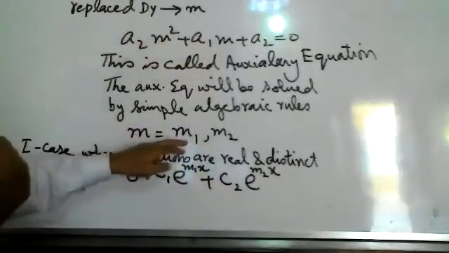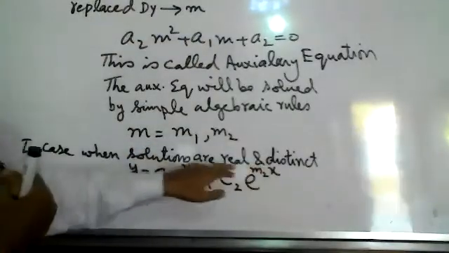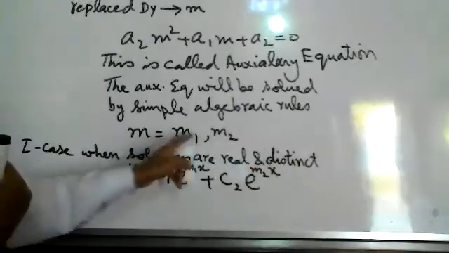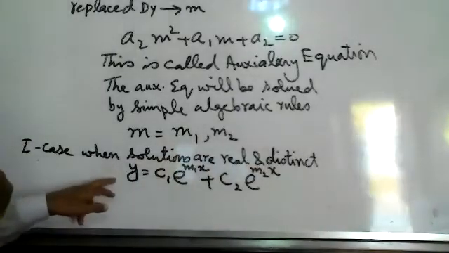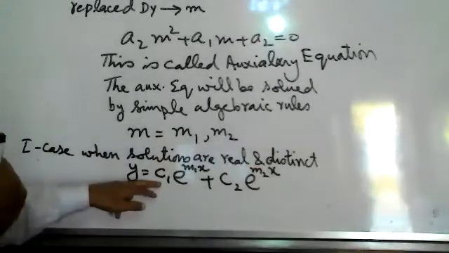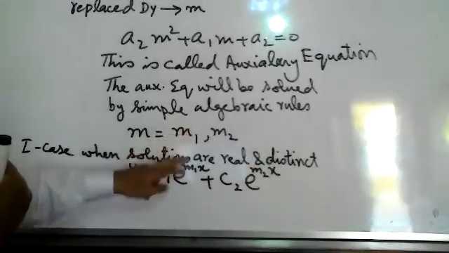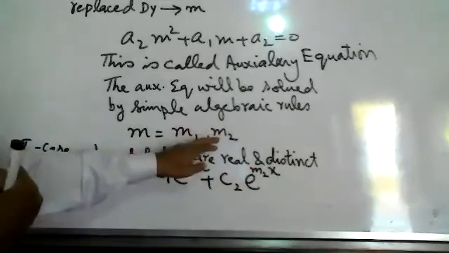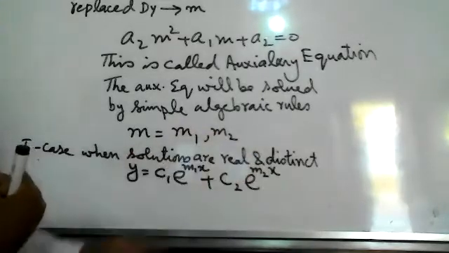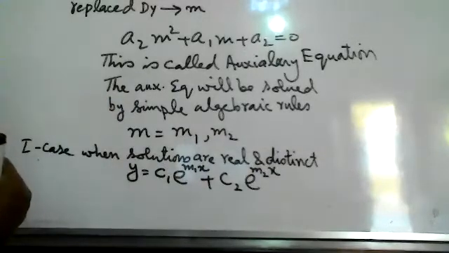If both answers are distinct and real, different answers and real answers, we write the answer of y as C1 e raised to power m1x, where m1 is one answer, plus C2 e raised to power m2x, where m2 is the other answer of this quadratic or auxiliary equation.